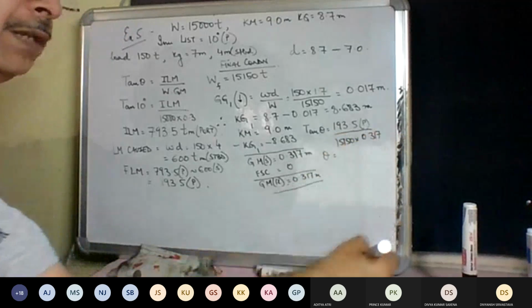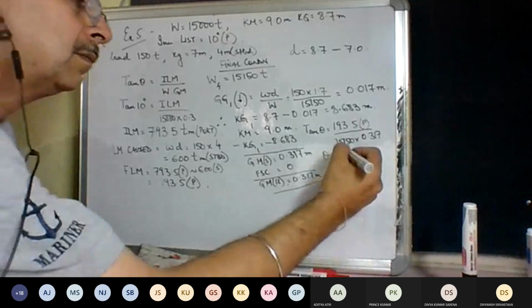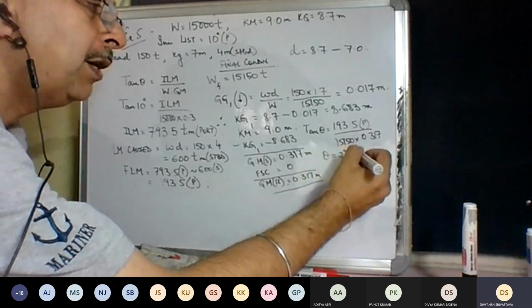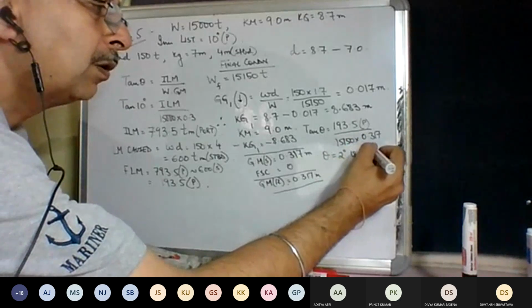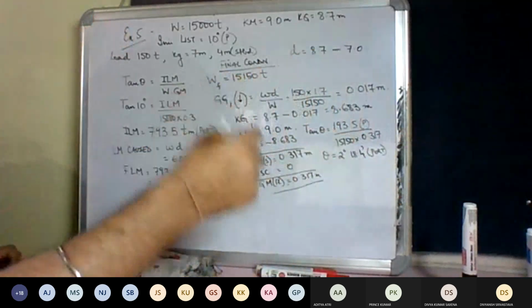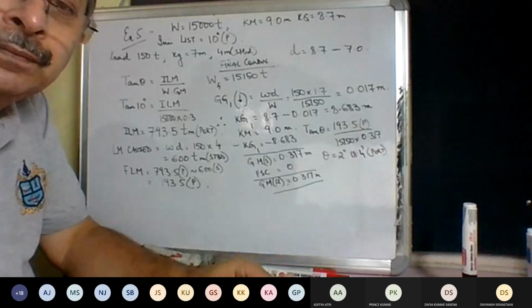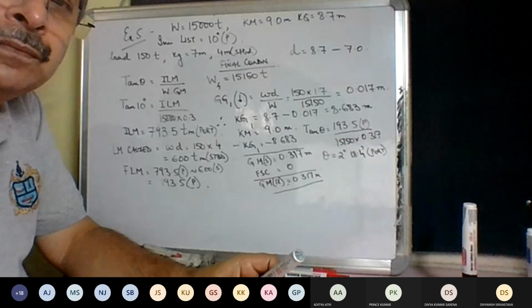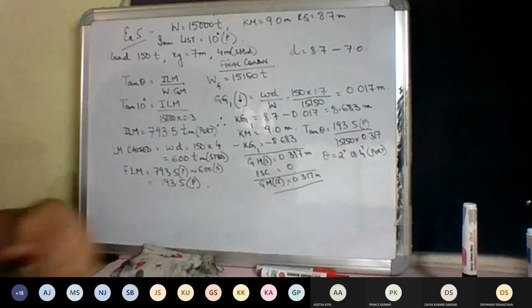Find the theta in degrees and minutes. 2 degrees 18.4 minutes, and the list will be to the port side. This is how you'll be doing this question.